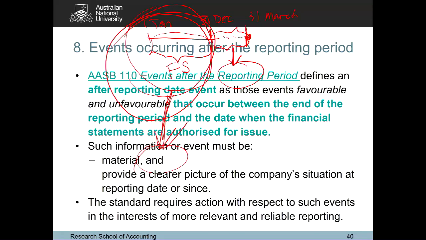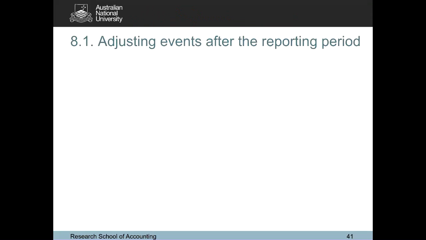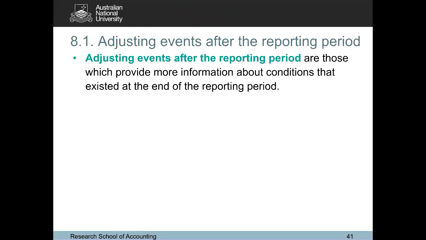Let's say an earthquake, and then there are following earthquakes. I have already estimated something, but that estimation needs to be adjusted. That will be adjusting events. So we have two ways to deal with material events occurring after the reporting period. One is called adjusting, one is called non-adjusting.